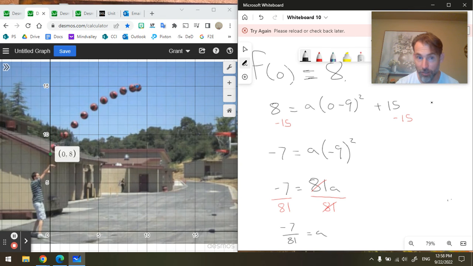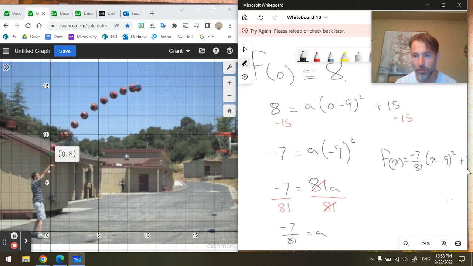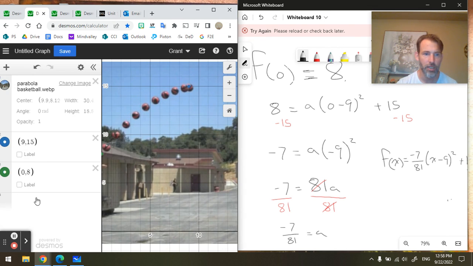So the function that's going to show the trajectory of this basketball, according to my points, is something that looks like f of x is equal to -7 over 81 times x minus 9 squared plus 15. Oops. Plus 15. I'm just going to write it in Desmos. Okay, you get the idea.